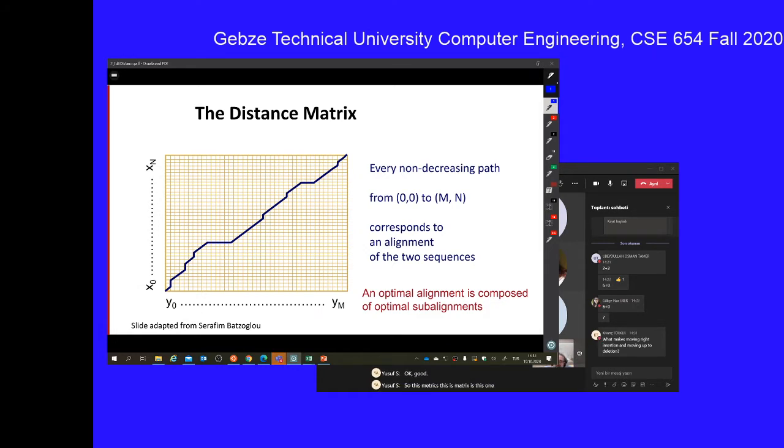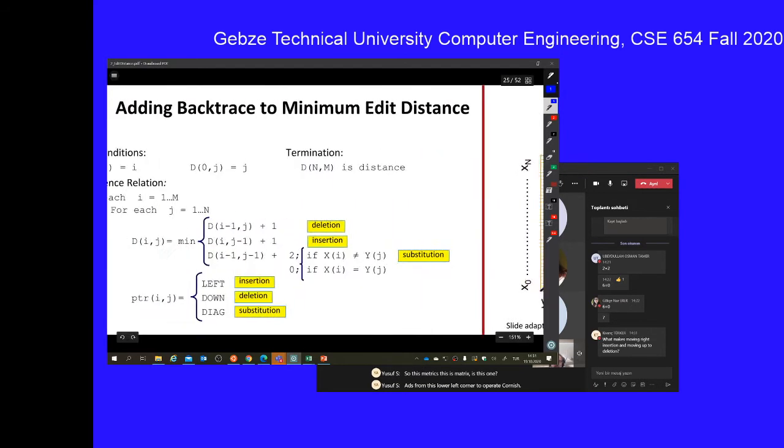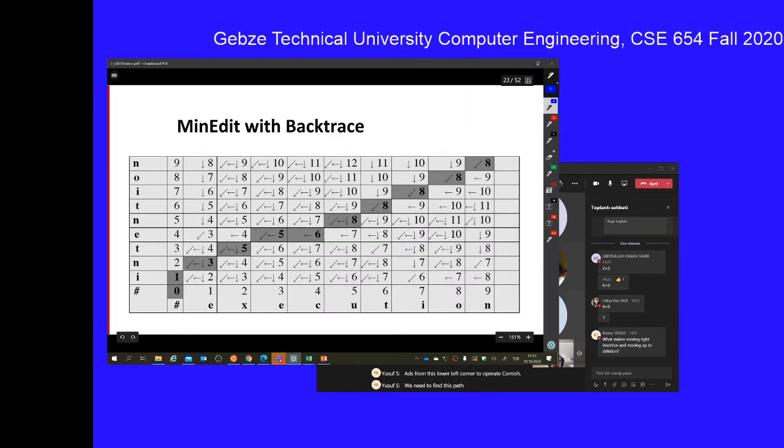A path from this lower left corner to upper right corner, we need to find this path. If you look at the numbers on this path, they are non-decreasing. Non-decreasing means it has to either increase or stay the same. Non-decreasing path.